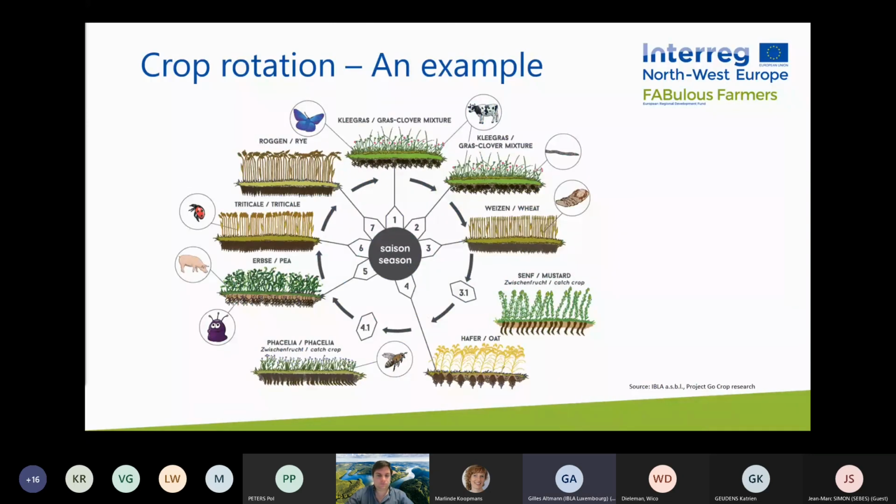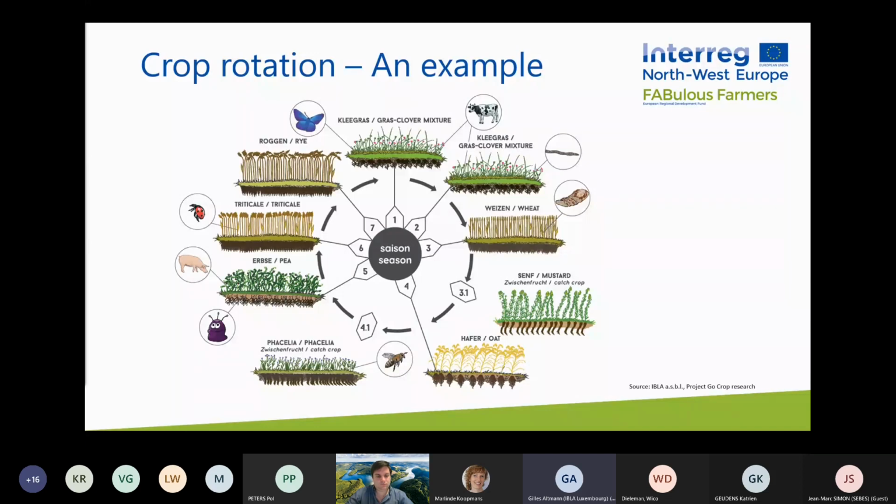Well, let's start with an example of a typical crop rotation which especially fits organic farms, but is beneficial for all types of farms. This rotation starts with 2 to maximum 4 years of temporary grassland, depending on the total number of following crops in the rotation, consisting of grass, clover, or alfalfa mixtures.